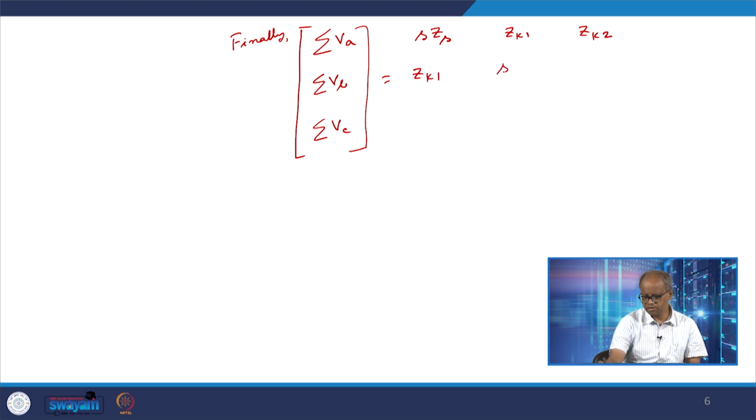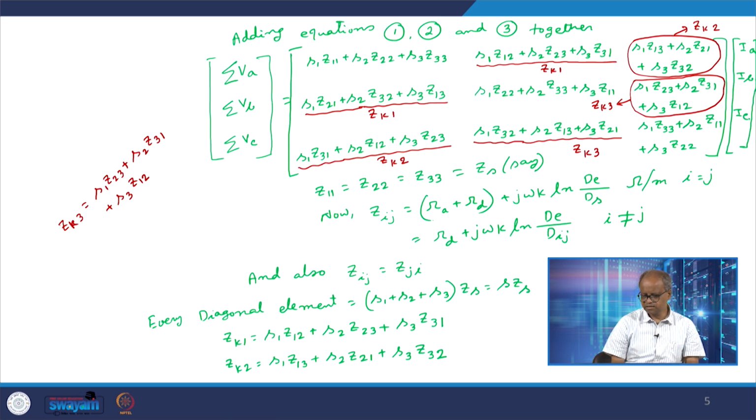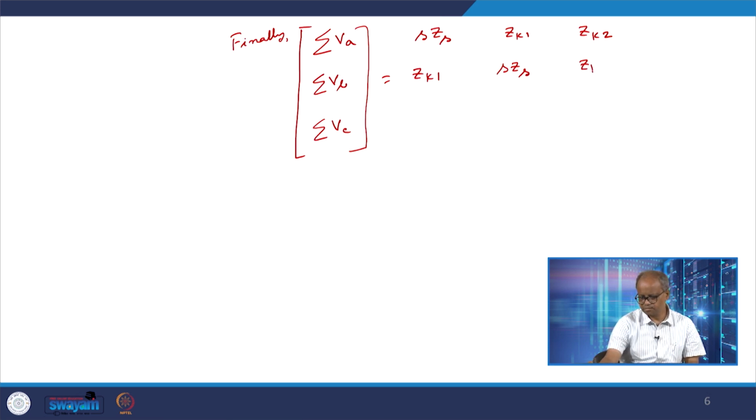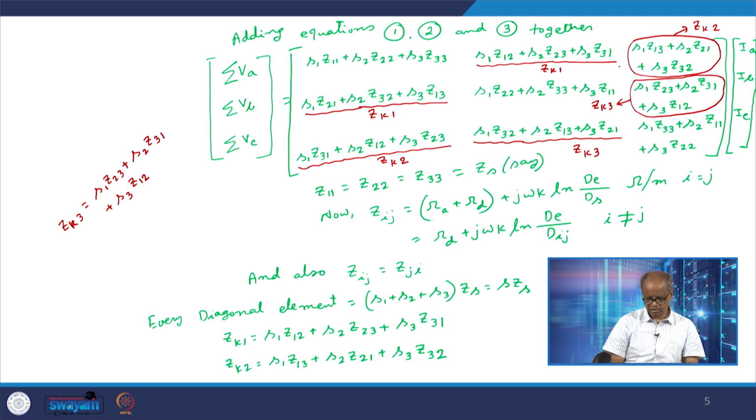All diagonal elements are S Zs, and this is Zk3, that we defined.